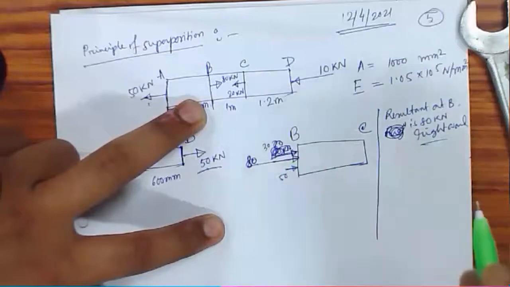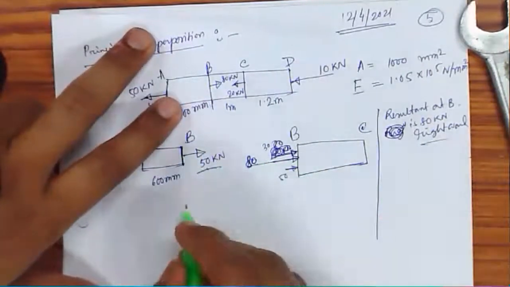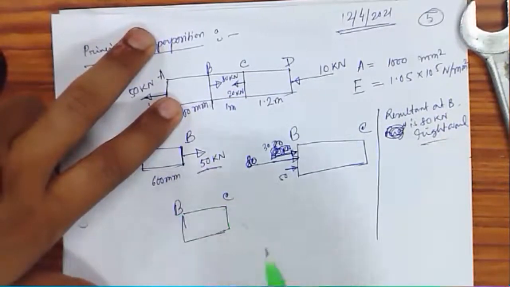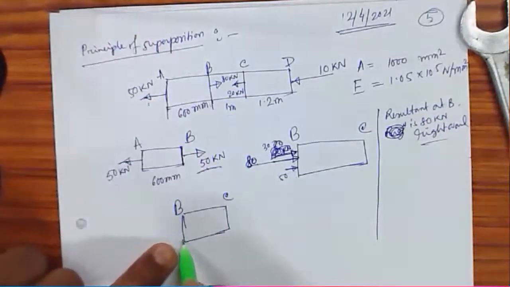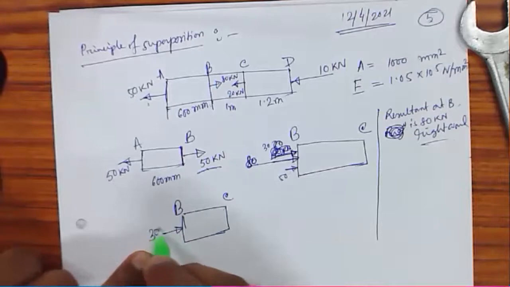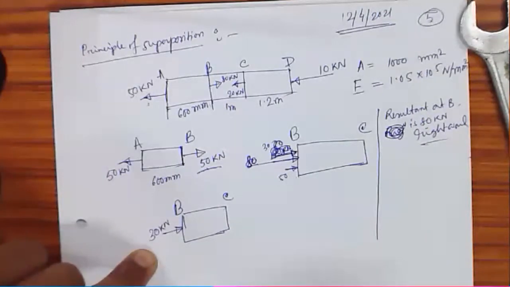Okay, so if we draw it for BC, how much is left on junction B? It is 30 kilonewton rightward. Okay, anyone has any issue on it? Everybody understood?